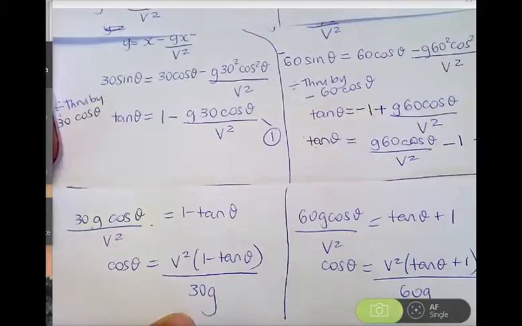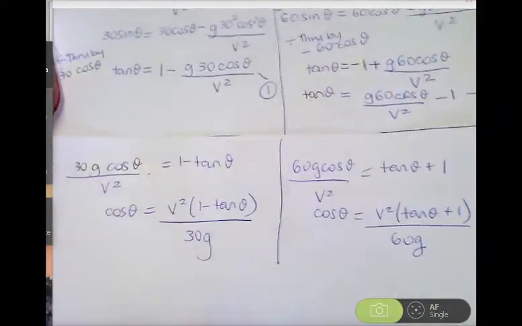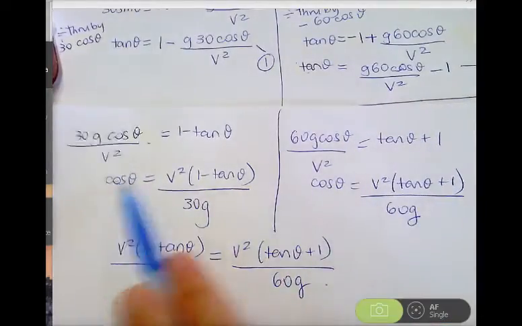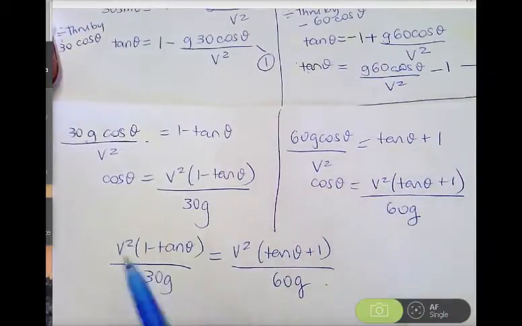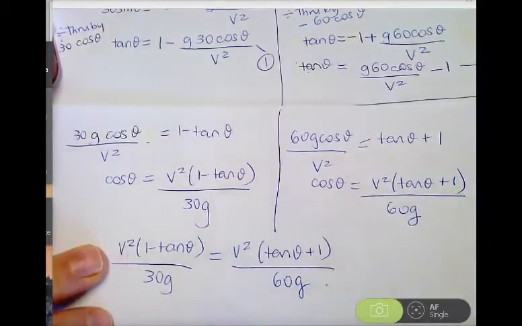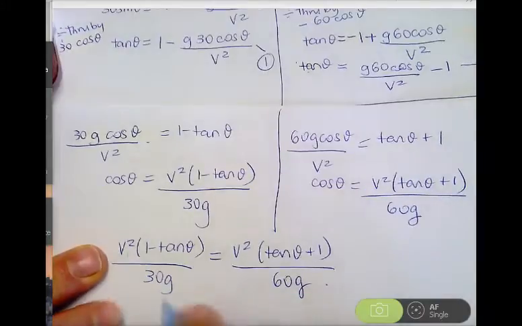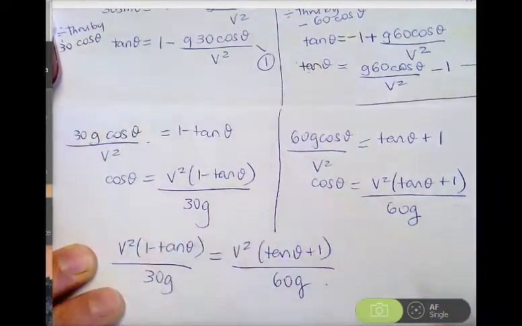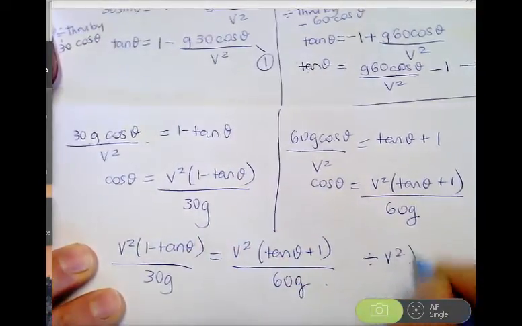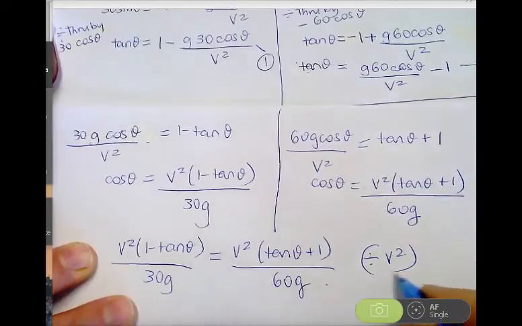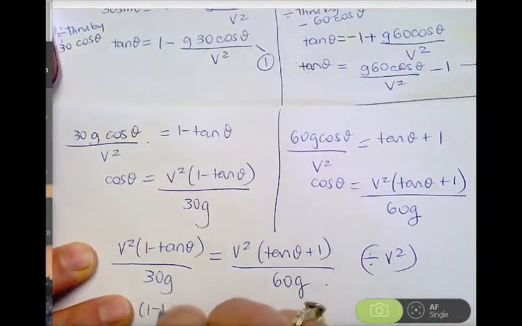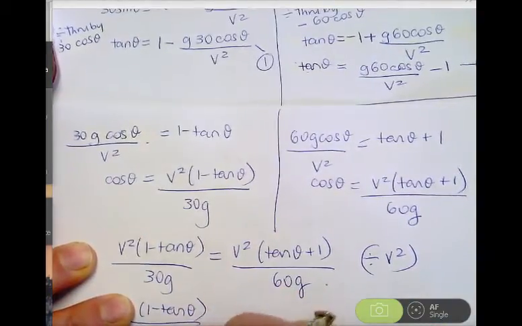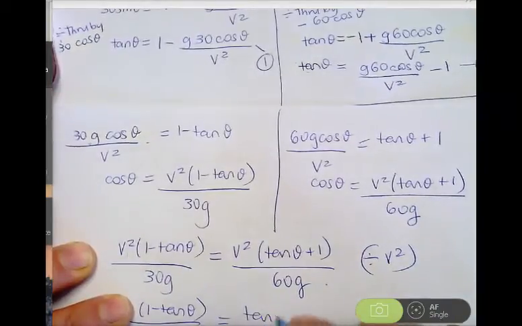Now we're going to put these two equal to each other. Equating these two equations, cos theta equals that, cos theta equals that, we get that equals that. The v squareds cancel if you divide through by v squared. So we got 1 minus tan theta over 30g equals tan theta plus 1 over 60g.